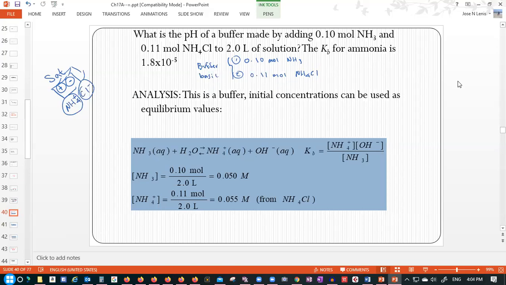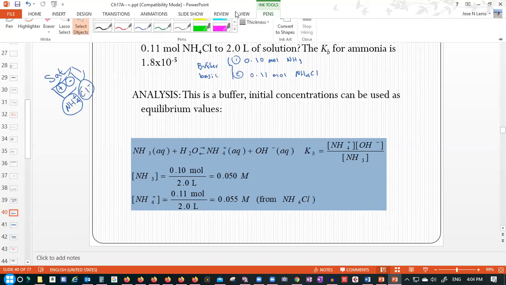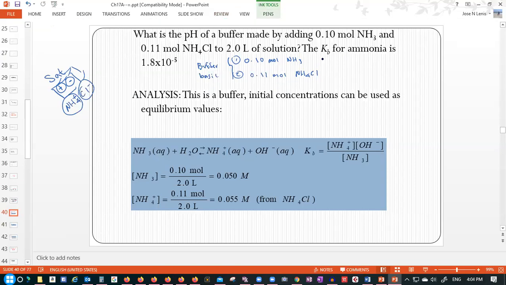All right. So in order to find the pH, of course, we need to know... So here, we know the volume. The volume of the solution is 2 liters.